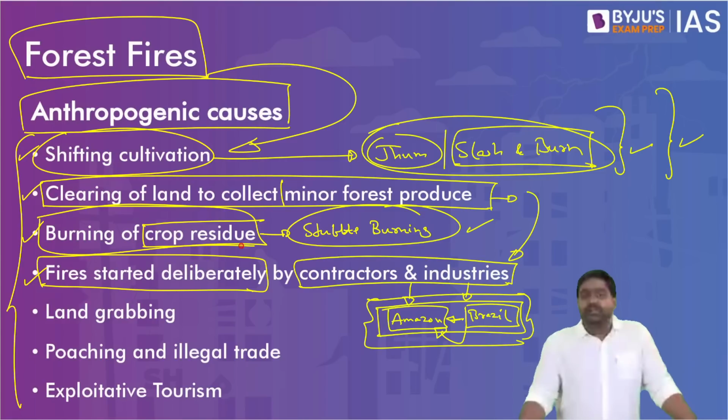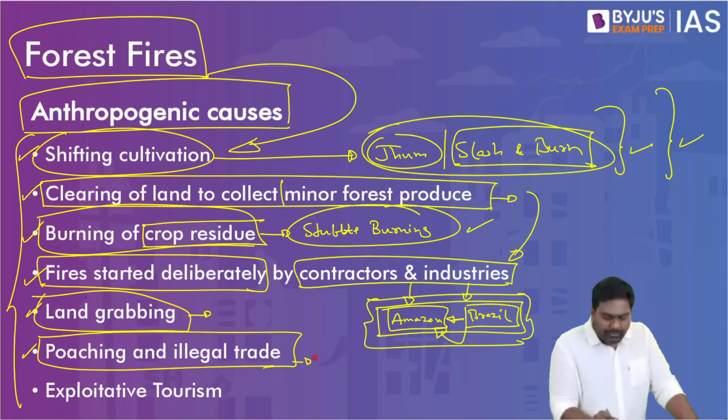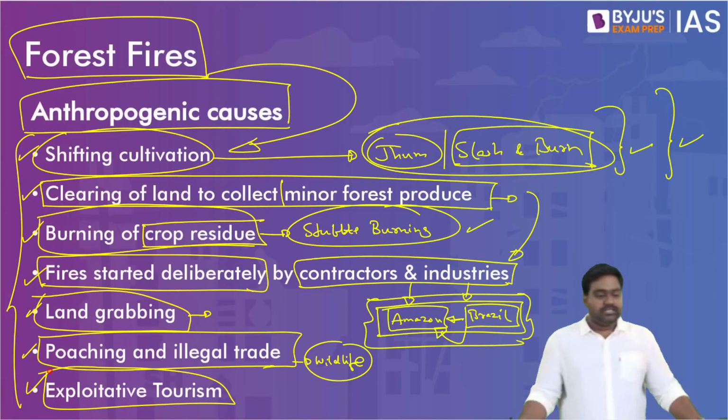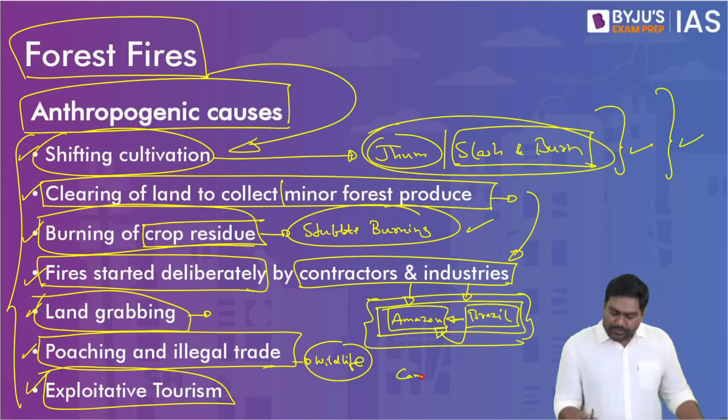So, these are major risks. So, land grabbing, poaching, illegal trade of wildlife products, and even exploitative tourism, they're all major concerns which directly contribute to forest fires. For example, campfires put by tourists and hikers.